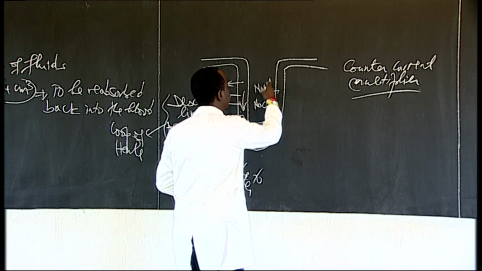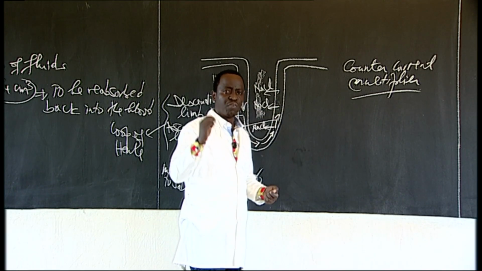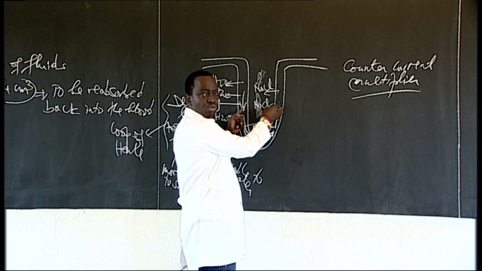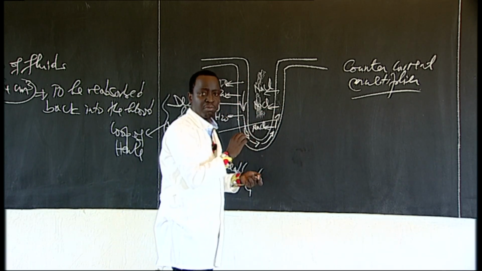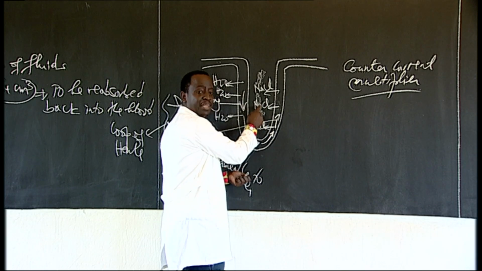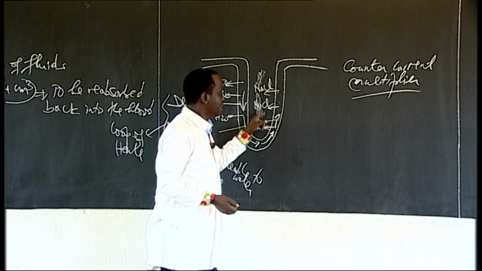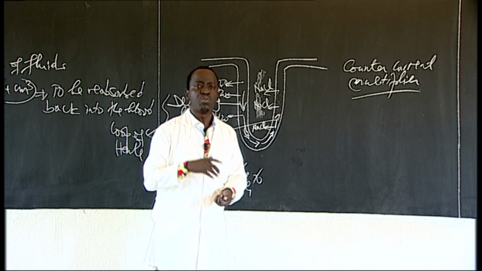When it is pumped out, here it is what you call interstitial fluid. That's found between the descending limb and the ascending limb. Are you getting this? When they are pumped here in the interstitial fluid, is it going to be concentrated or less concentrated?